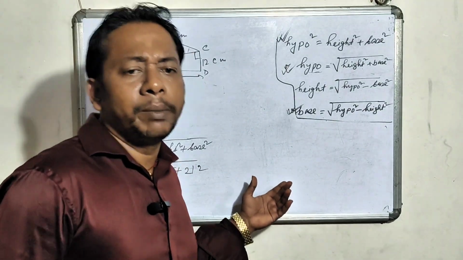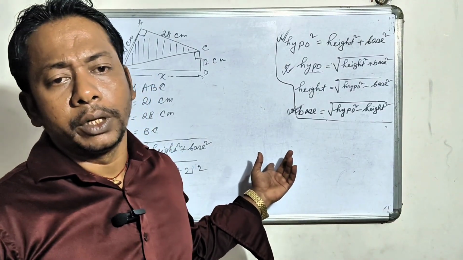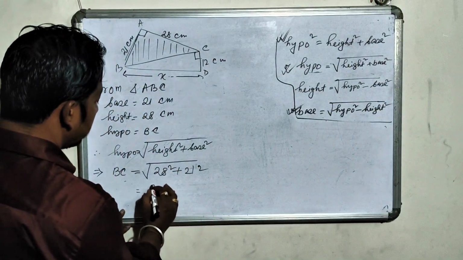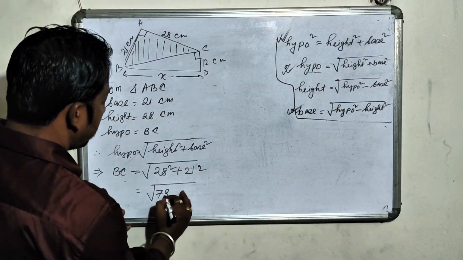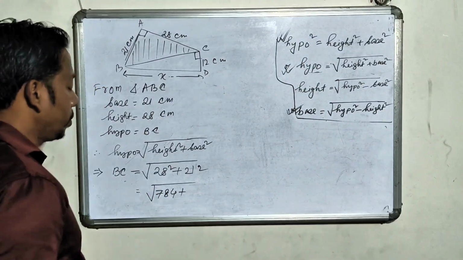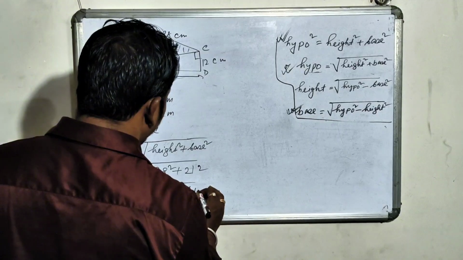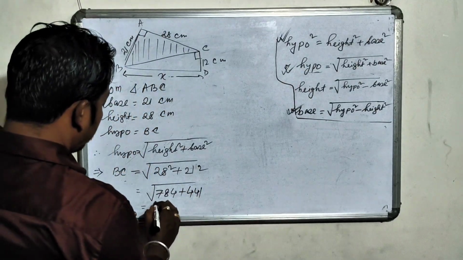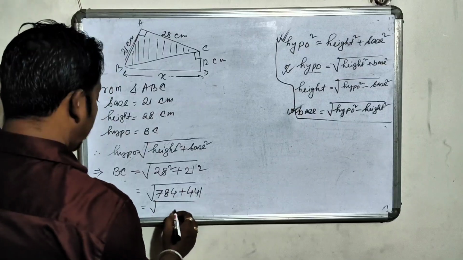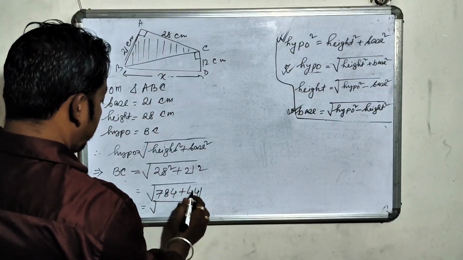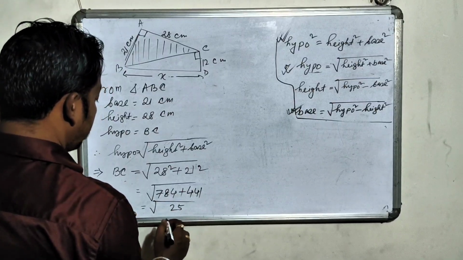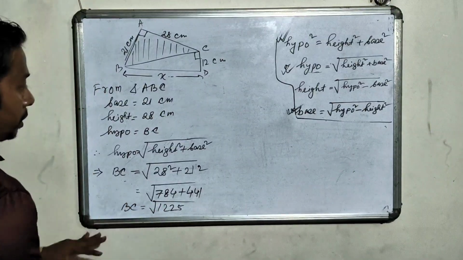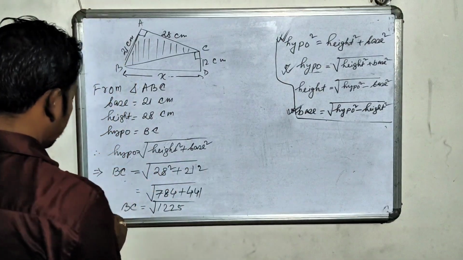You can easily multiply it, 28 into 28 is 784 plus 21 into 21 is 441, that equals 1225.